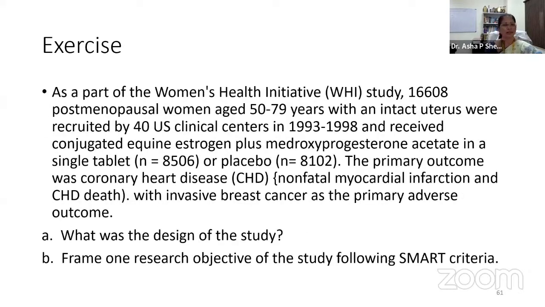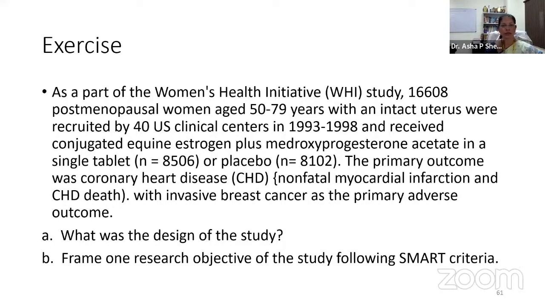So this is an exercise where, as part of the Women's Health Initiative study, 16,608 postmenopausal women aged 50 to 79 years with an intact uterus were recruited by 40 US clinical centers in 1993 to 1998. And they received conjugated equine estrogen plus medroxyprogesterone acetate in a single tablet.